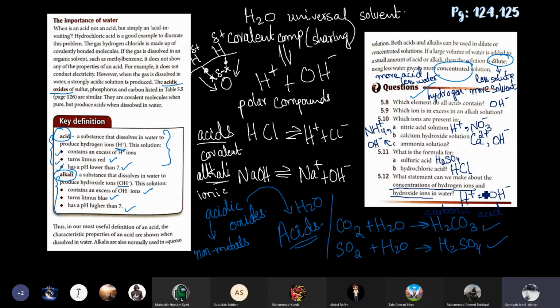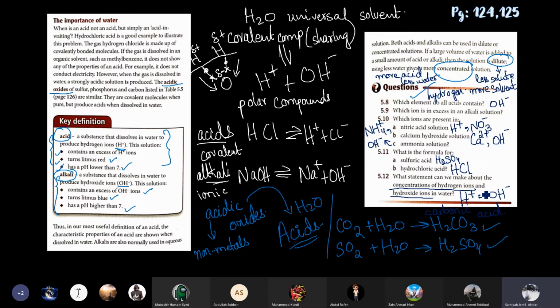This question can also come in terms of acids: what statement can we make about the concentrations of these ions in acidic water? In acidic water, H positive will be more in amount as compared to OH. If the question comes in terms of an alkaline solution, then OH ions will be more than H positive.